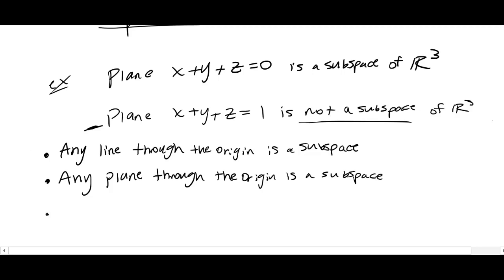And the set containing just the 0 vector, that's a subspace on its own. Just 0, that's a valid subspace.